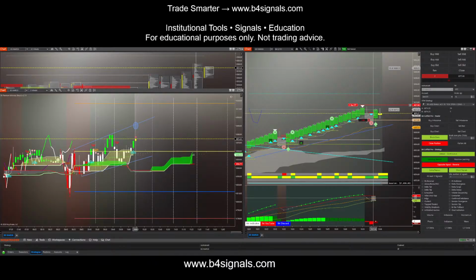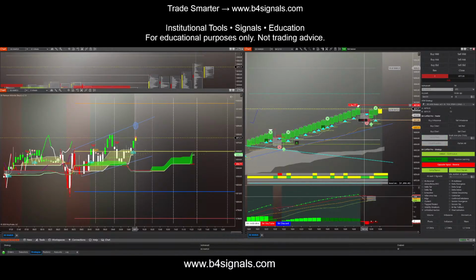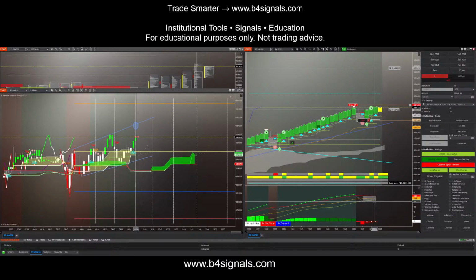Yeah, it may do an extended squeeze to the upside, get us some more. Let's get a divergence here. Stop filled. Not much. Hidden divergence.